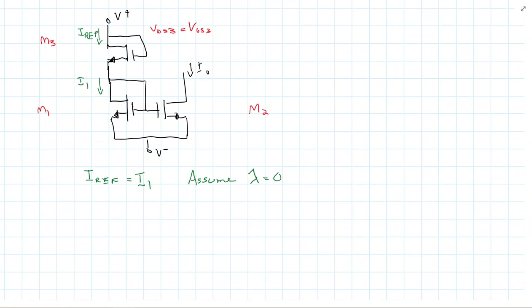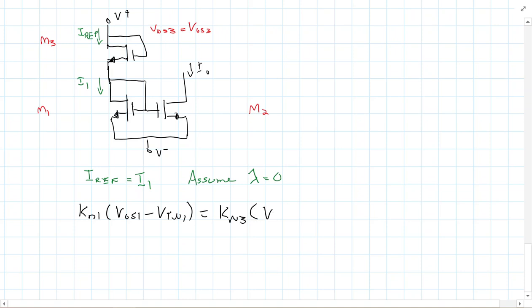And again, we're doing this to make our computations a little bit easier. And what we get here then is we have two equations. Kn1 times (VGS1 minus VTN1) squared has got to equal Kn3 times (VGS3 minus VTN3) squared. All right, nothing really too surprising there.